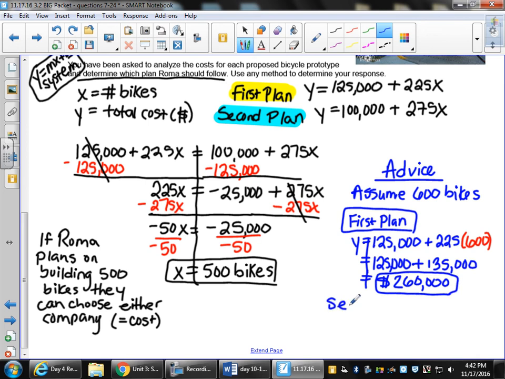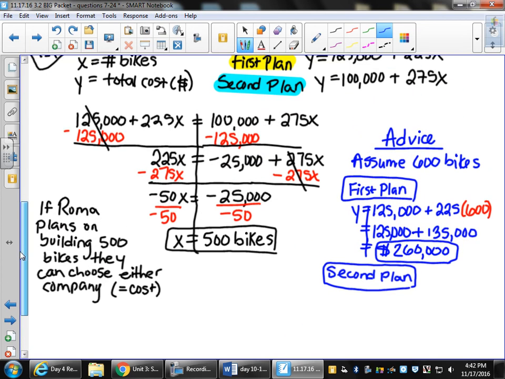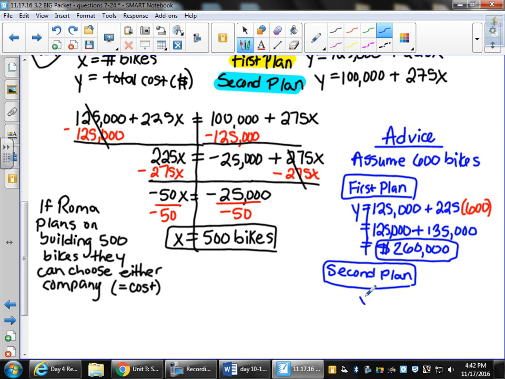Second plan, we're going to do the same math, just using the other equation. The second plan equation is right here. Y equals 100,000 plus 275 times 600.